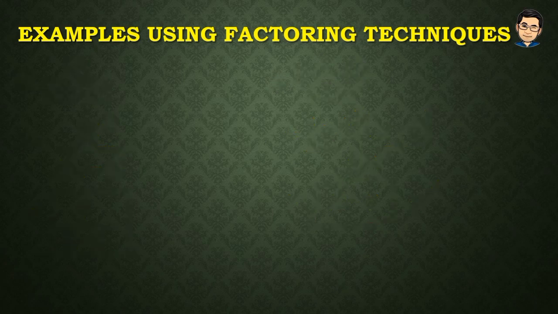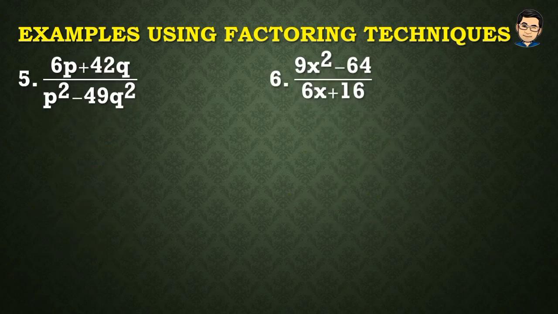So next example po natin, number 5, 6p plus 42q all over p squared minus 49q squared. So kung matatandaan nyo po kanina, in-apply po natin yung greatest common monomial factor tsaka yung difference of two squares. So ganun pa rin po dito, apply po rin po natin. So the greatest common factor of 6p and 42q is 6. So magkaiba po kasi ang p tsaka q.